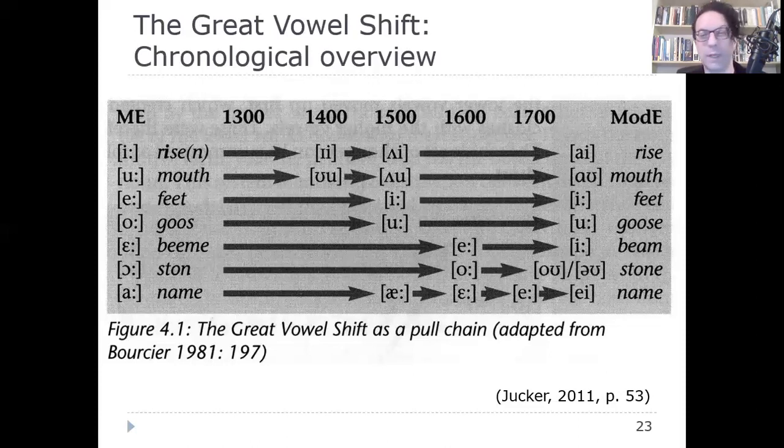So if I read out these 7 words to you again, this time not using the Middle English pronunciation, but using the pronunciation that you see in the 1500 or 1600 column here, so the middle of this graph, then I would have to pronounce these words like this: rise, mouth, feet, goose, beam, stone, and name. So that's roughly how these 7 words would have sounded to William Shakespeare and his contemporaries.